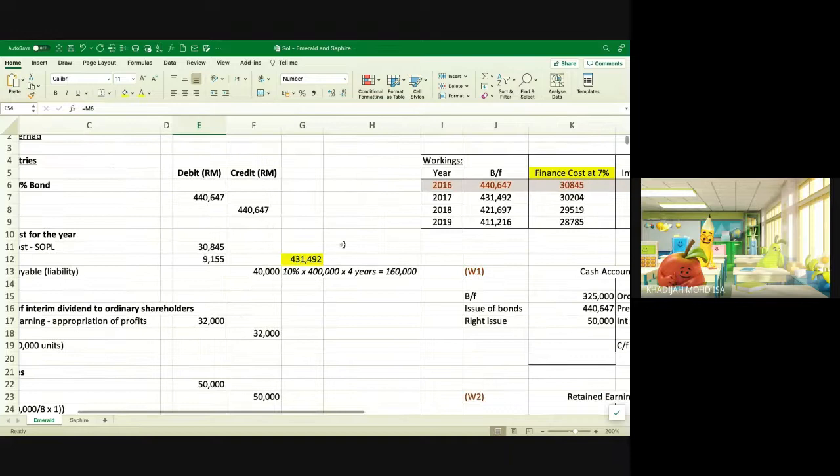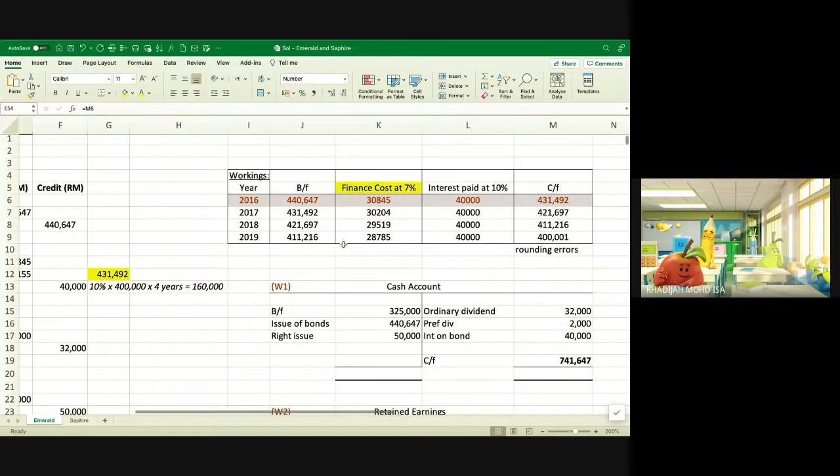So remember that if you are required to compute that, just draw this amortization table. If required, maybe you can just do the first year. Normally they only require you to do the first year.